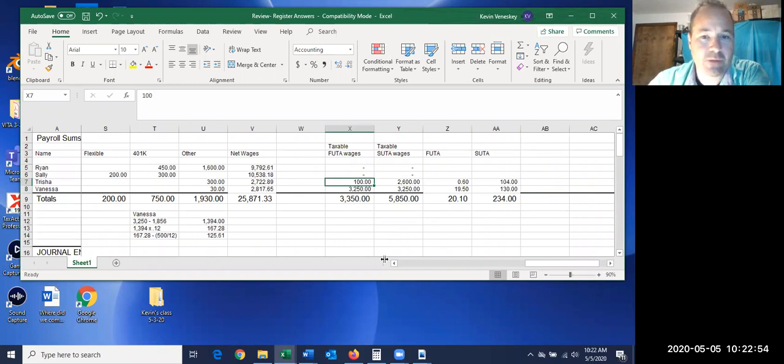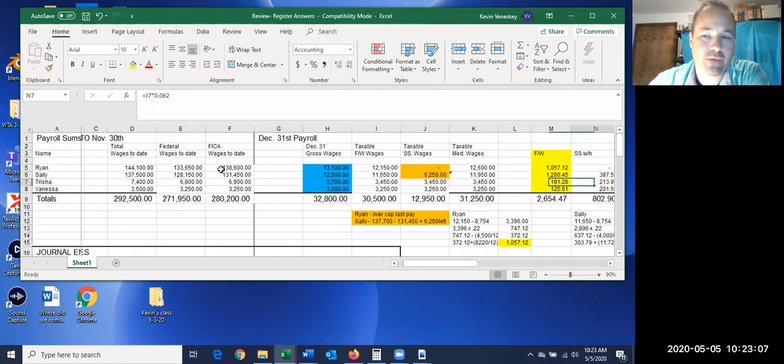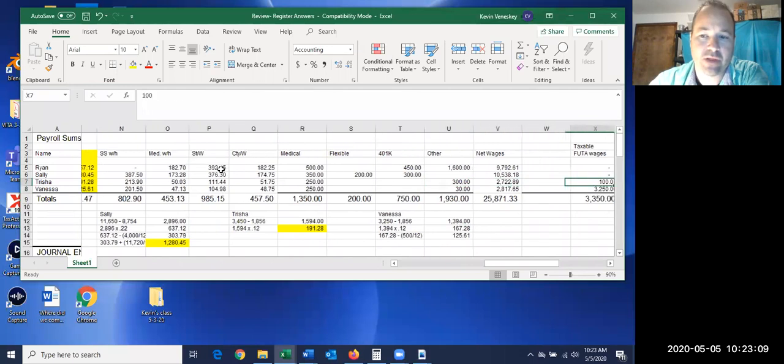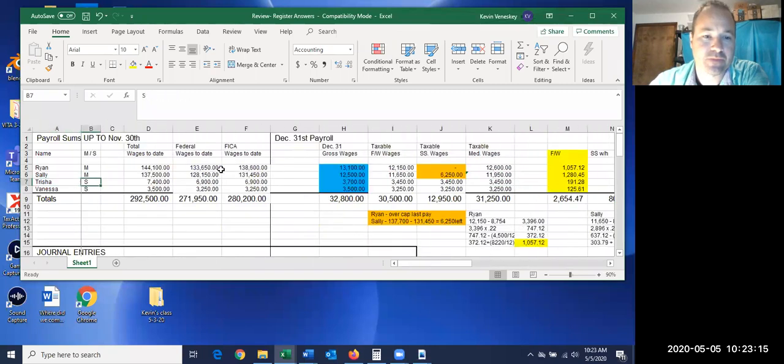The taxable FUTA for Tricia, I come back over here to my federal wages. Remember the cap is 7,000. She's only 100 away. So we're definitely going to hit the cap. That's why this is only 100. And then I look at the SUTA. If I take 6,900, so let's pull up a calculator.